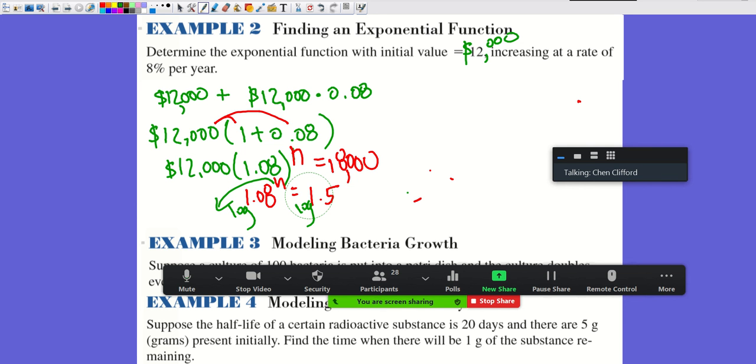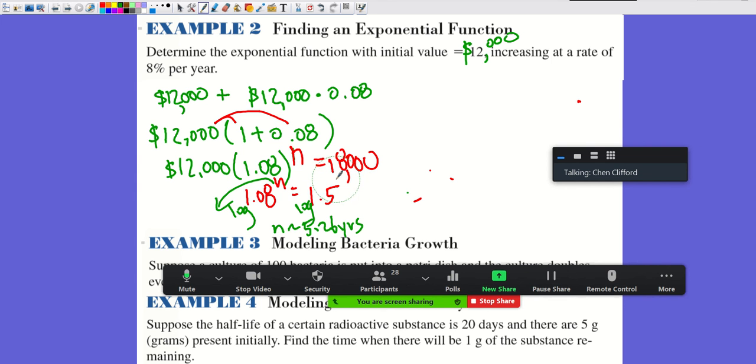Let me quickly do that so you can get a sense. Log 1.5 divided by log 1.08, and you will get 5.26 years. So n is roughly equal to 5.26 years. It will take 5.26 years to get to $18,000.